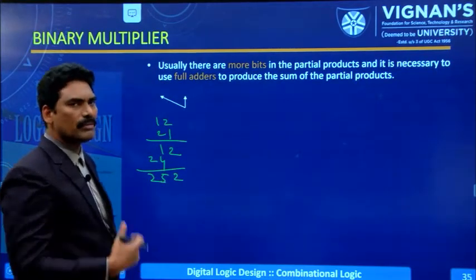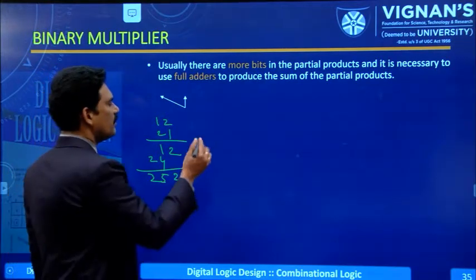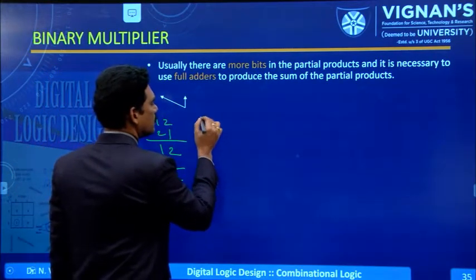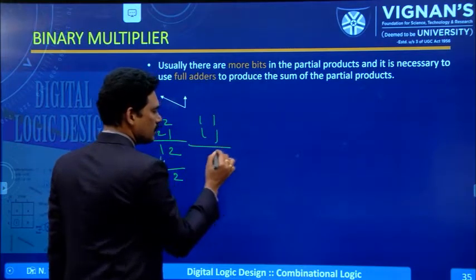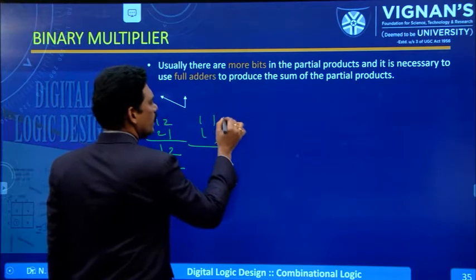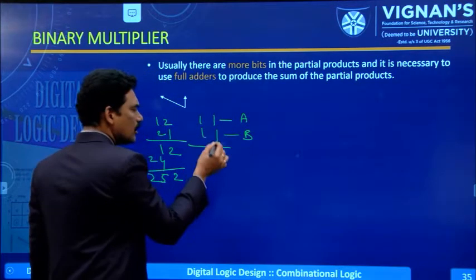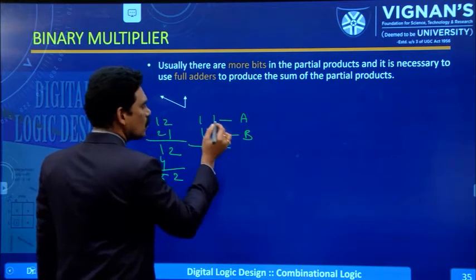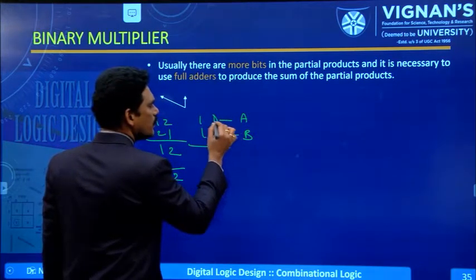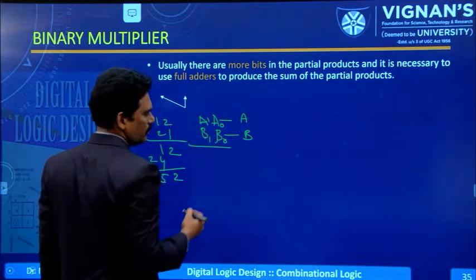How are we going to perform this binary multiplication? Suppose the numbers are like this. This is A and this is B. Consider this is A0 and this is A1, this is B0 and this is B1.